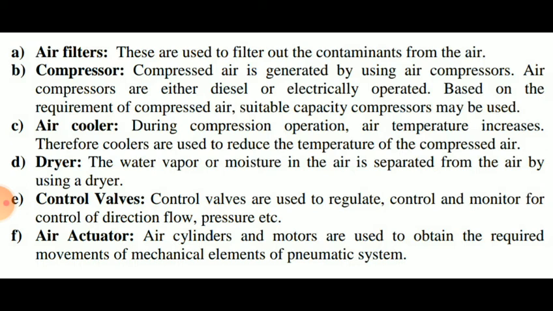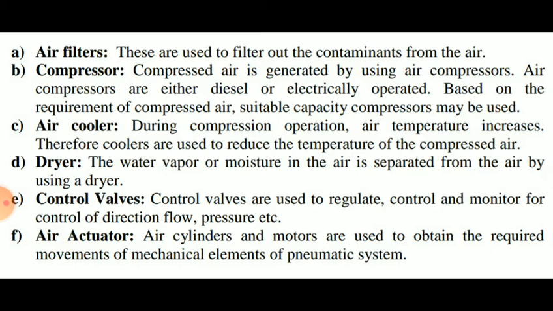The next element is the dryer. The water vapor or moisture in the air is separated from the air by using the dryer. Then control valves are used to regulate, control and monitor the direction, flow and pressure.